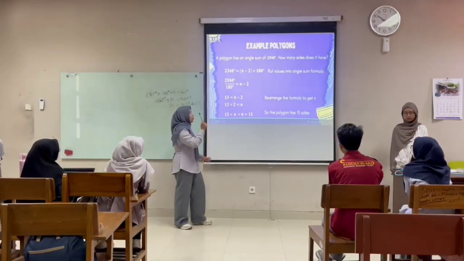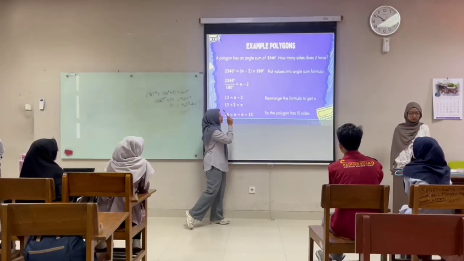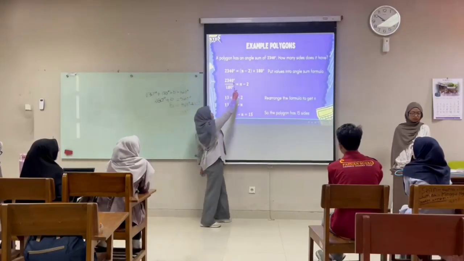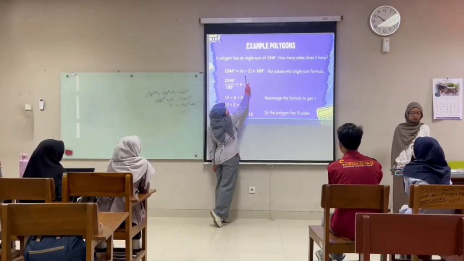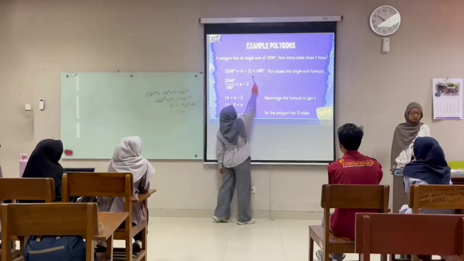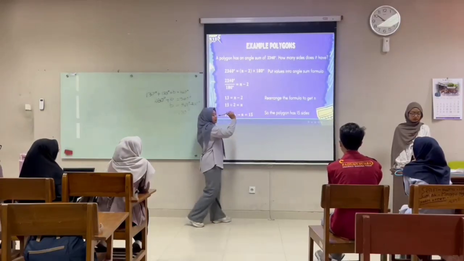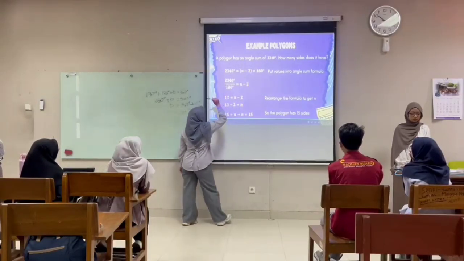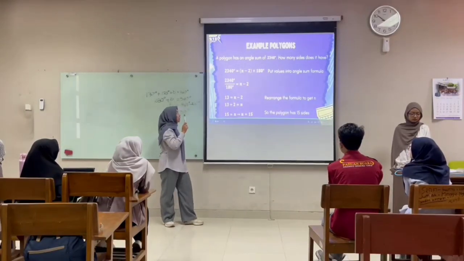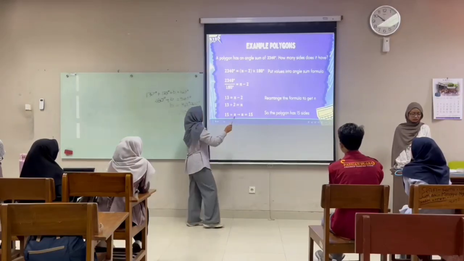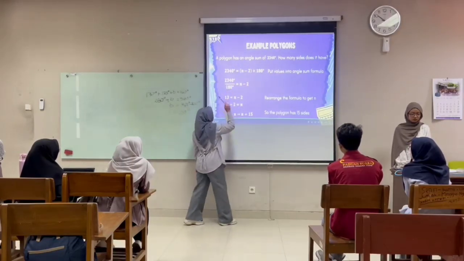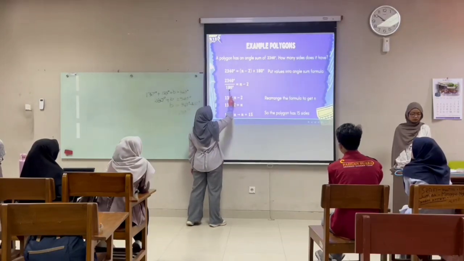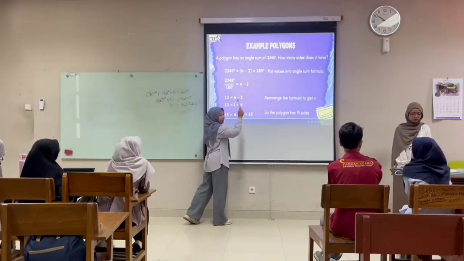Okay, first, put the value in the angle sum formula. The formula of a polygon is (n minus 2) times 180 degrees. Okay, good job. Now, this is equal to 2,340 degrees. So, 2,340 degrees divided by 180 degrees equals n minus 2.